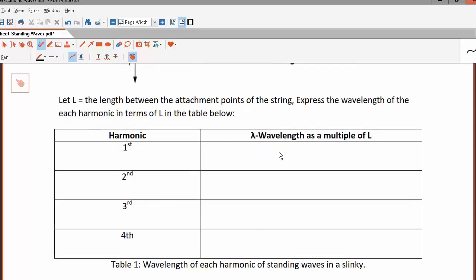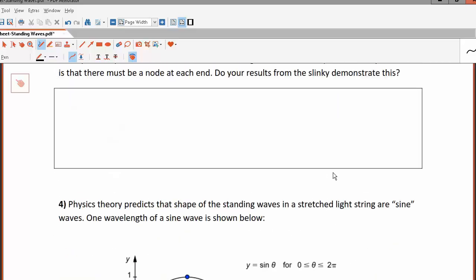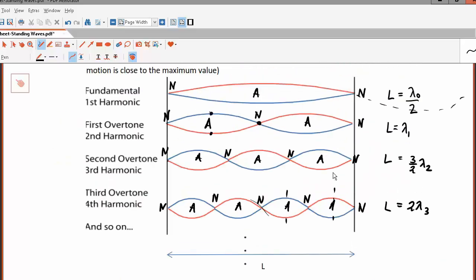Now they're asking for lambda as a multiple of L. What we're going to do is rearrange these equations to give us that lambda naught is equal to 2L.